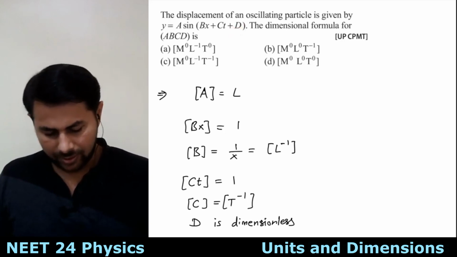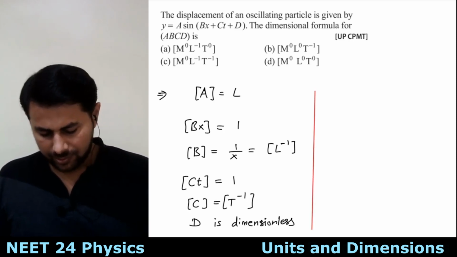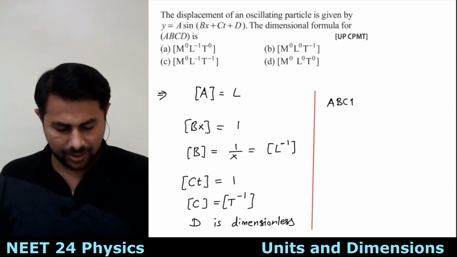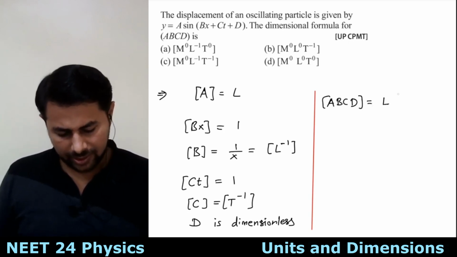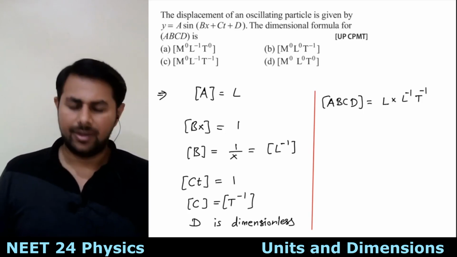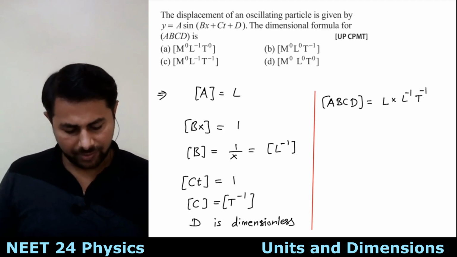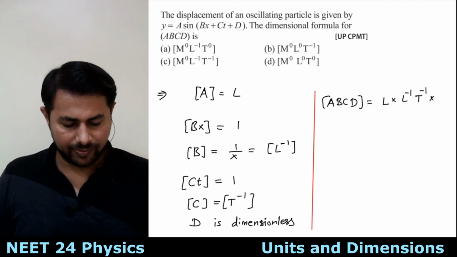Okay, so what do we get then? If we multiply a, b, c, d, so if you multiply their dimensions, so a has dimensions of length, b has dimensions of 1 by length, or L raised to minus 1, c has dimensions of T raised to minus 1, and d is dimensionless, that means you can say it's 1.